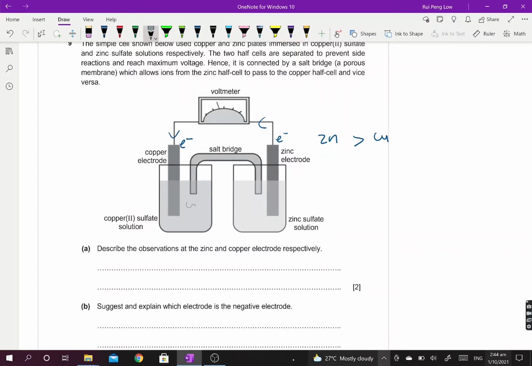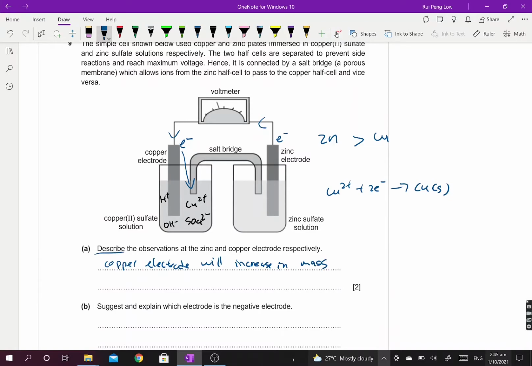You have copper 2 plus, SO4 2 minus, OH minus ions and H plus ions. When the electrons come in contact with copper 2 plus, Cu2+ plus 2e minus gives you copper solid. So what you observe is that the copper electrode will increase in mass.